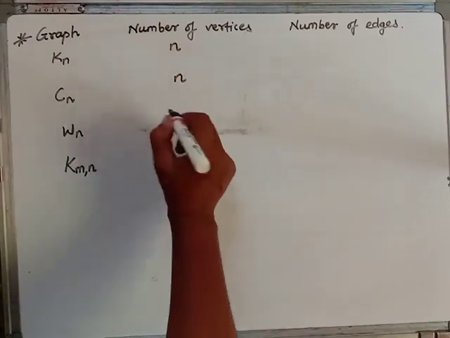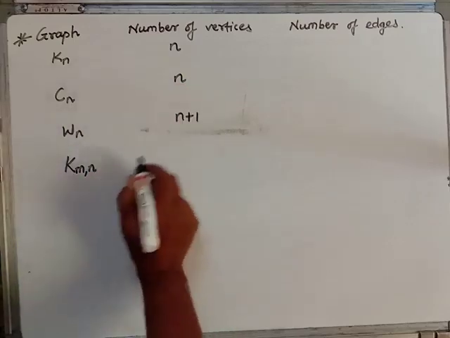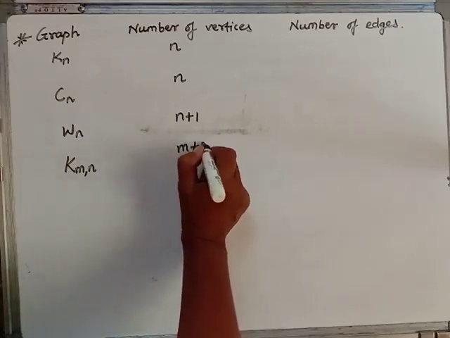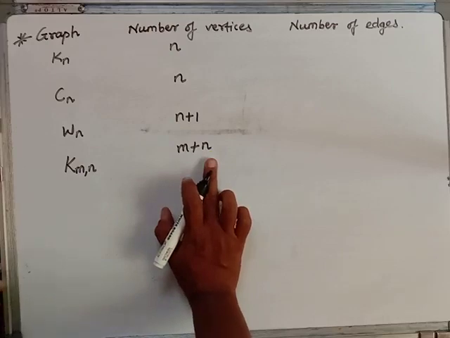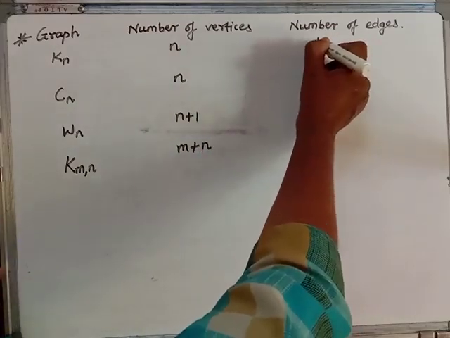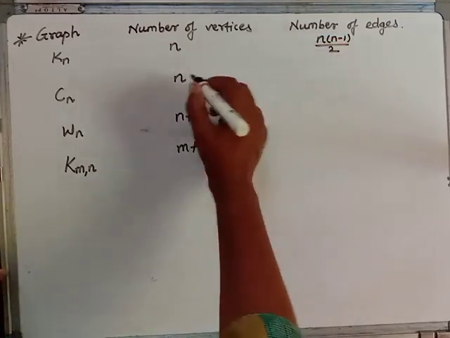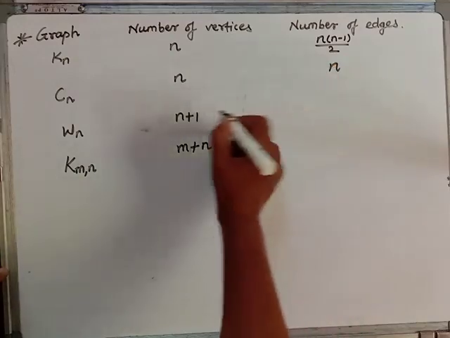In Wn, the wheel, we are adding one vertex to the cycle, so n plus 1. For Kmn, m plus n vertices: m are for V1, n are for V2. Number of edges: here n into n minus 1 by 2, as it is a complete graph. For the cycle, the number of edges is n.